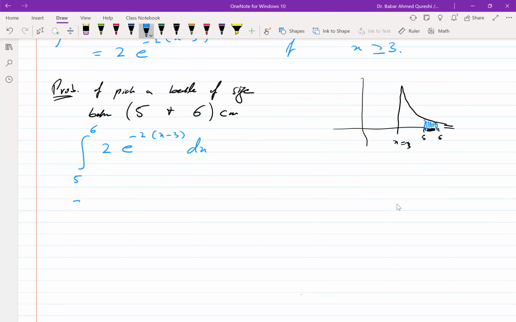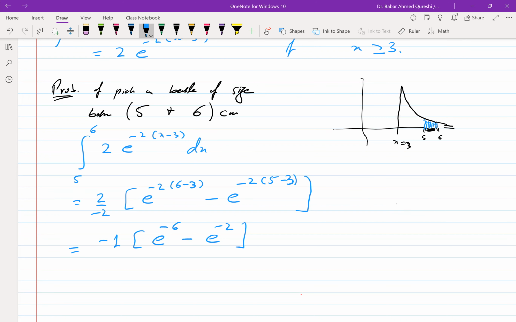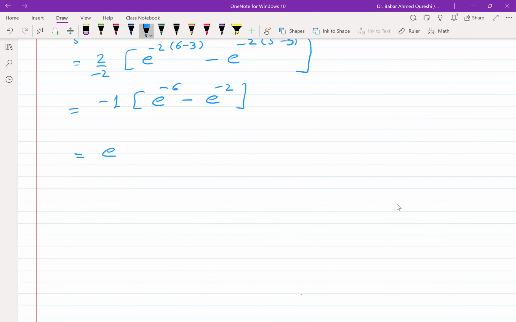So I had already done the integral. This gives me minus 2. And when I put the limits, I get e to the minus 6 minus e to the minus 2, which is e to the minus 2 minus e to the minus 6.